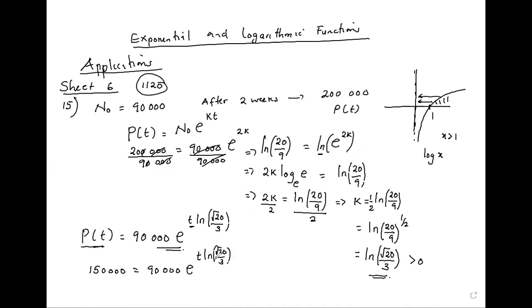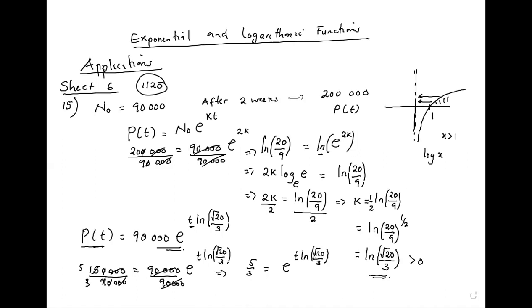Okay, so you divide again, divide by 90,000 on both sides. This cancels there. So we get 3 into 15, that's 5, and 3 into 9, that's 3. So we have 5 over 3 is equal to e to the power t ln of root 20 over 3.